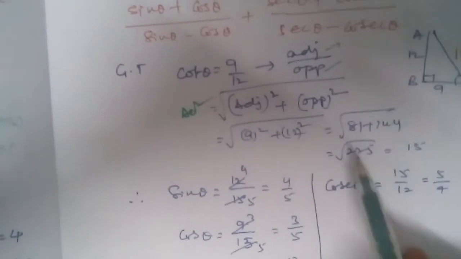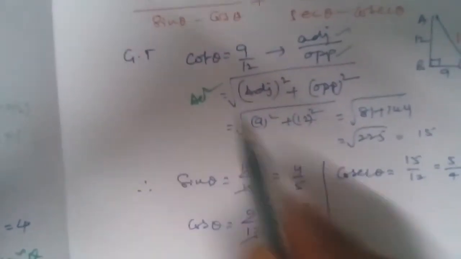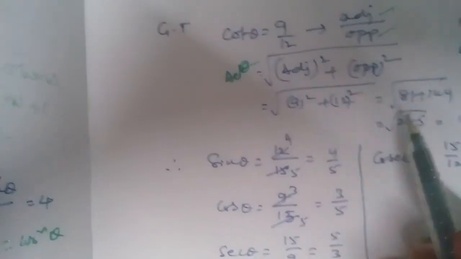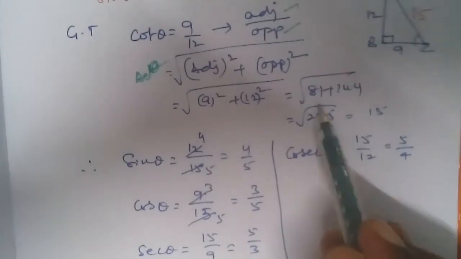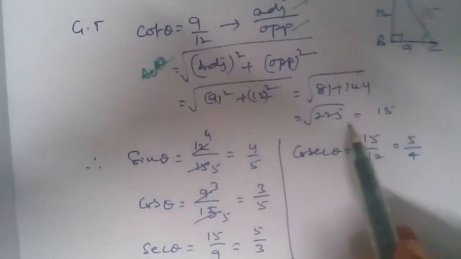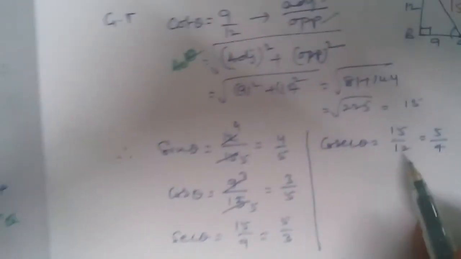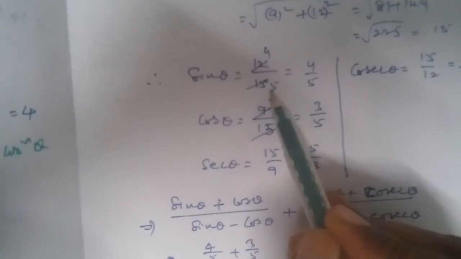So hypotenuse is equal to the square root of adjacent square plus opposite square. So square root of 9 square plus 12 square. 9 square means 81, 12 square means 144. When you add, we get square root of 225. 225 is 15 square. So now find the value of sin theta. Sin theta means opposite by hypotenuse.